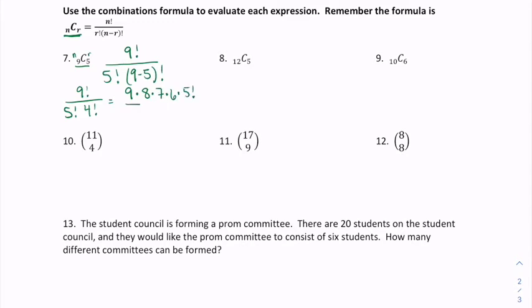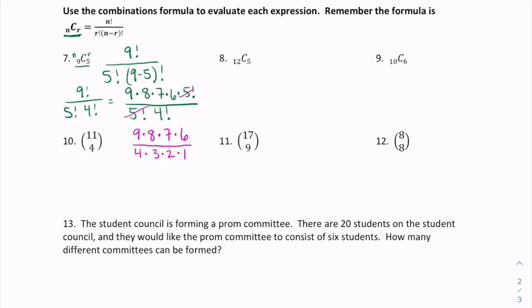And I'm stopping there because then I can cancel with the 5 factorial that's on the bottom of this fraction. So now I can go ahead and cancel out those 5 factorials, and this problem will become 9 times 8 times 7 times 6 over 4 factorial, which is 4 times 3 times 2 times 1.